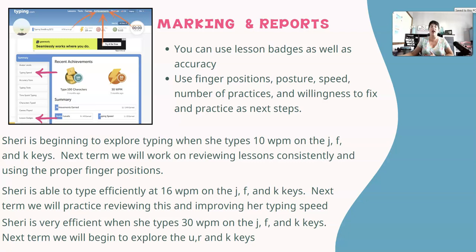So if I have Sherry is very efficient when she types 30 words per minute on the J, F, and K keys, and next term we're going to be in to explore the U, R, and K keys. Well, Sherry should be further than that in grade 8. If this is grade 4, kudos. She's doing awesome. So it really does depend on where the students are in their grade level and where they are on typing.com.